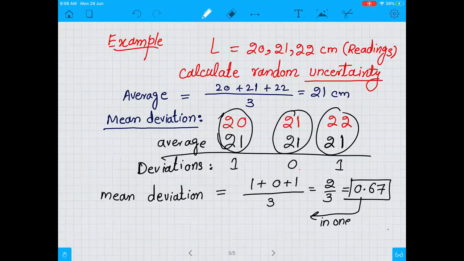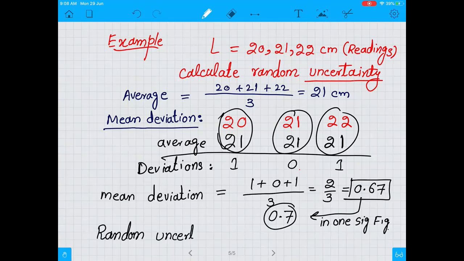In one significant figure, if you round it off, it would become 0.7. Now the random uncertainty in the given experiment is equal to plus minus 0.7.